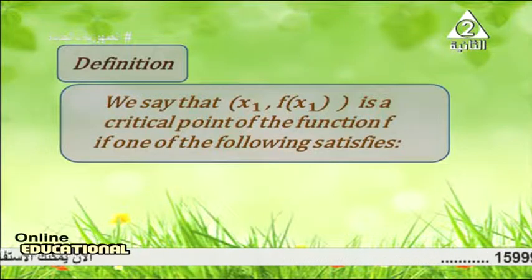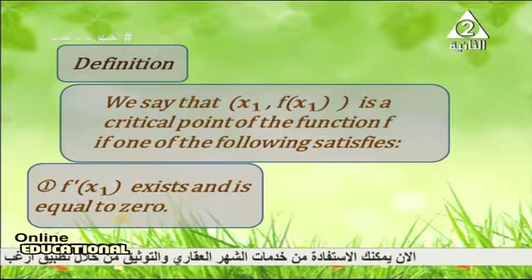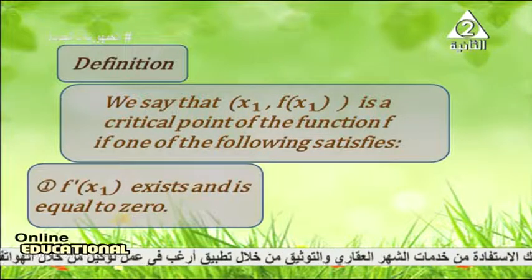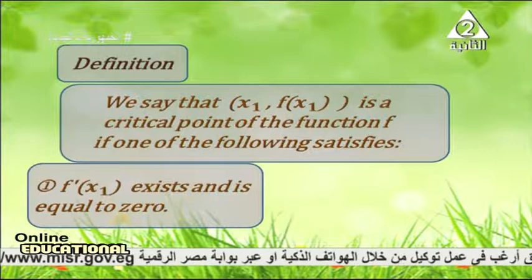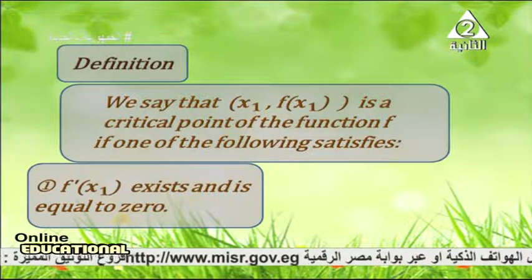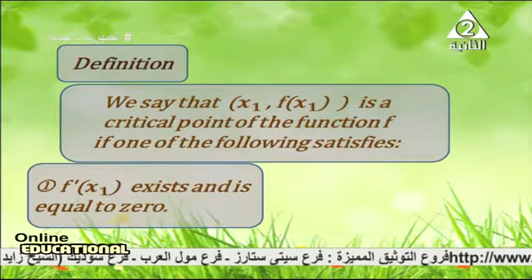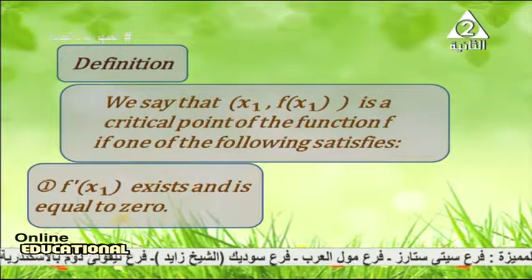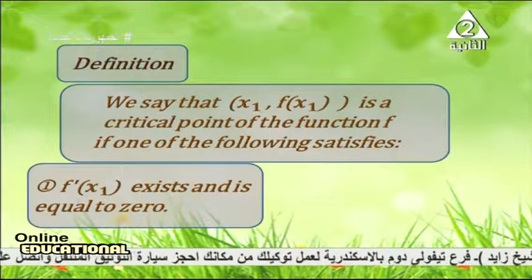Number 1, f'(x1) exists and is equal to 0. Then the first condition: f'(x1) exists, has a value, and the value equals 0. Then the point in this case is a critical point.